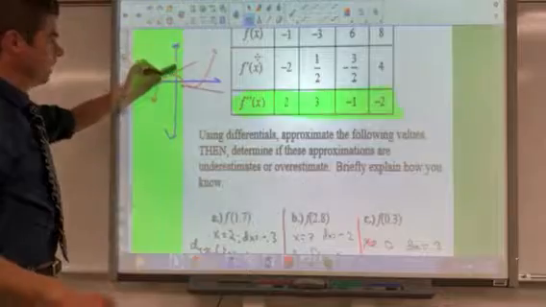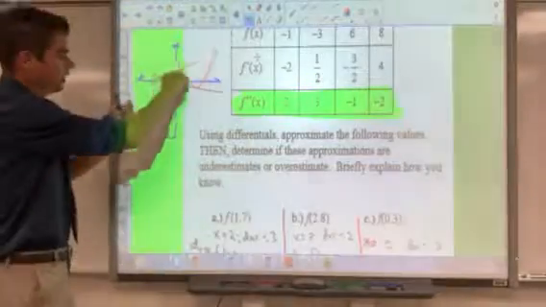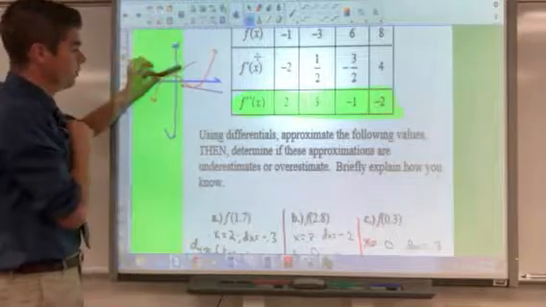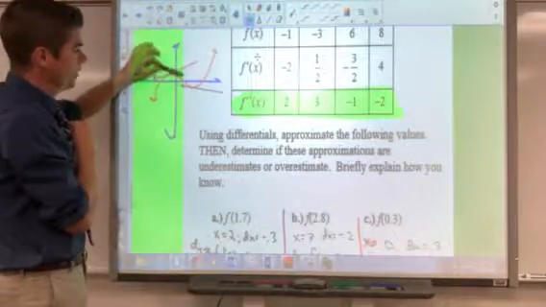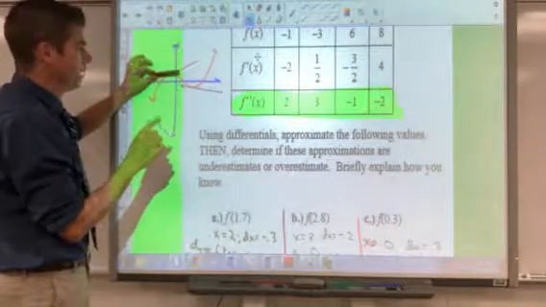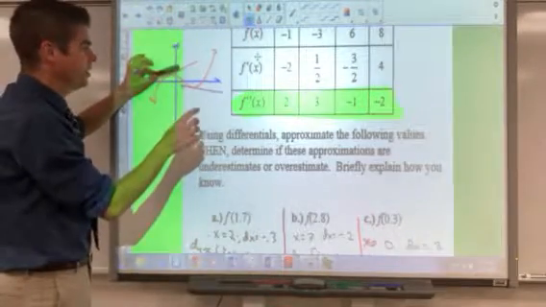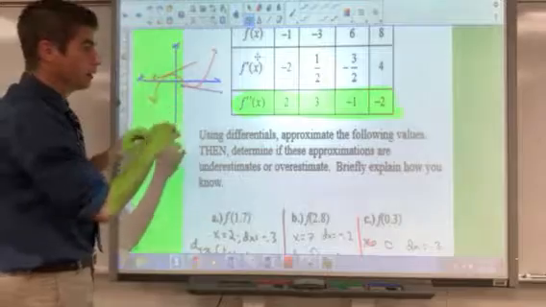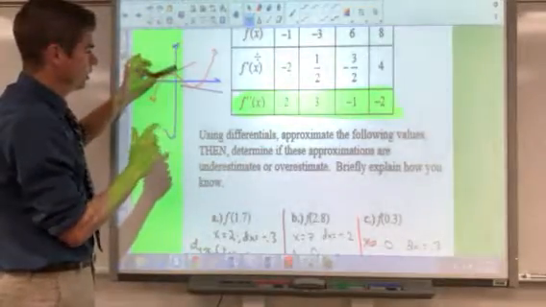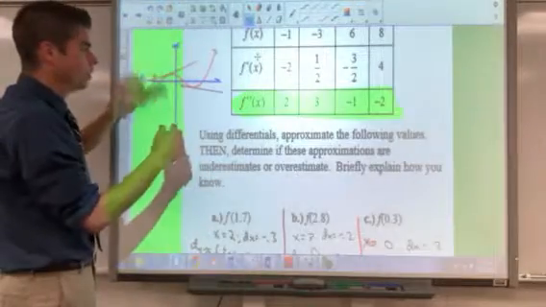And in the exact opposite way, if you're concave down, your tangent line will always be above, no matter what angle you put it. So by looking at concavity, we can determine whether our approximation, using this tangent line, is an underestimate or overestimate.